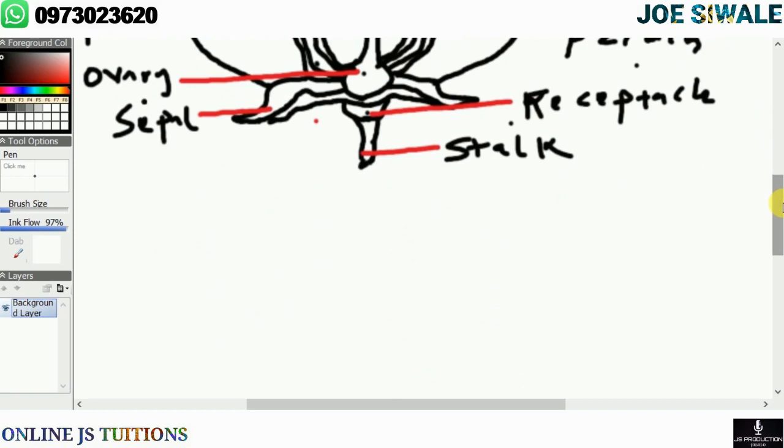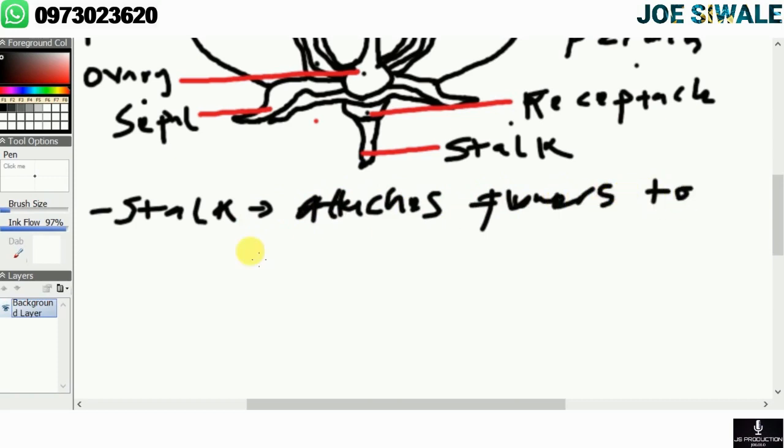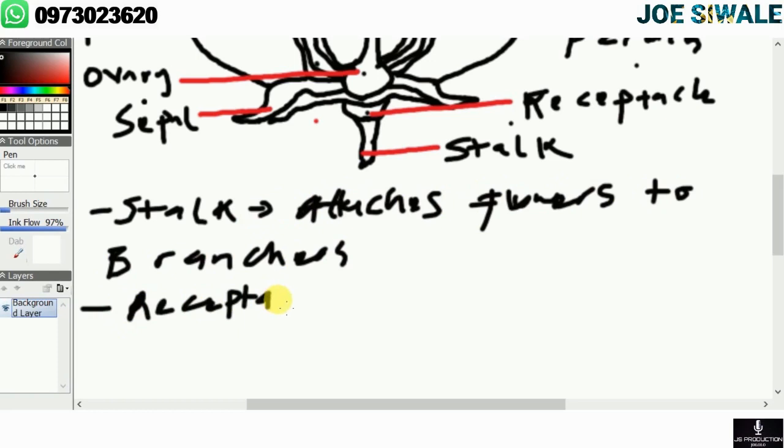Let me just write them down. The first part, we have the stalk. This attaches flowers to branches. Then we have the receptacle.